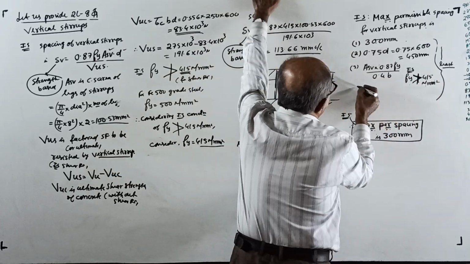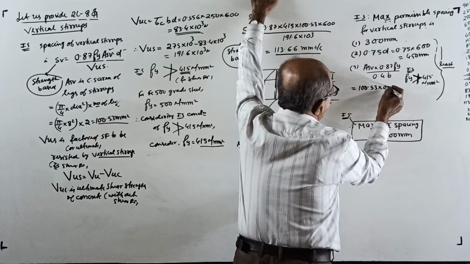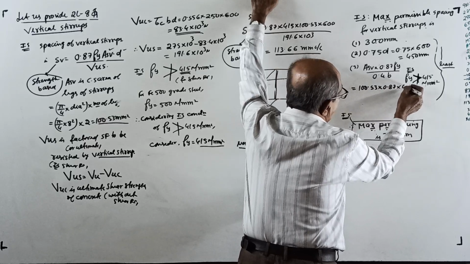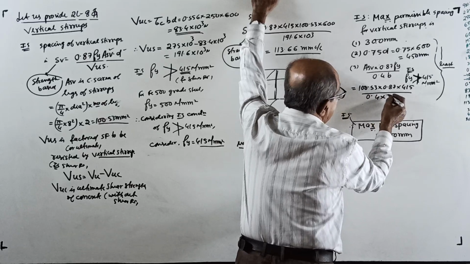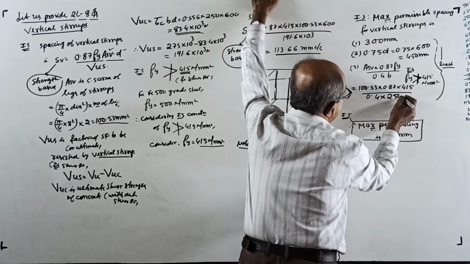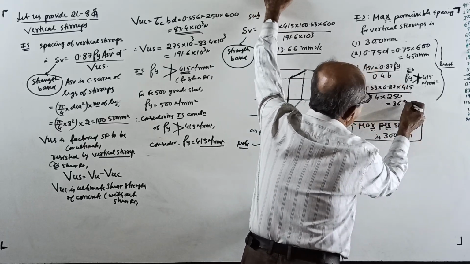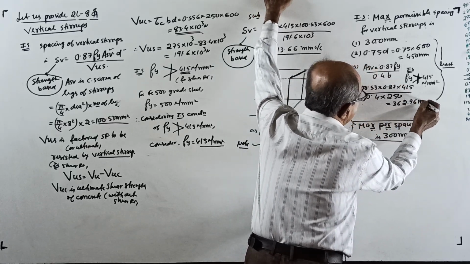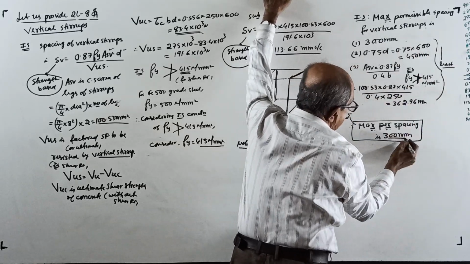Already explained there: 100.53 into 0.87 into 415, not 500, divided by 0.4, divided by width, how much? 250. This spacing will come 362.96 millimeter. Among these three, the least value once again is 300 millimeter.